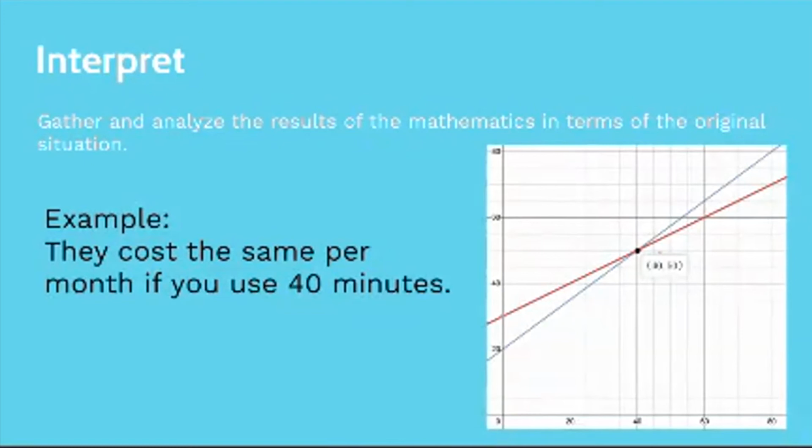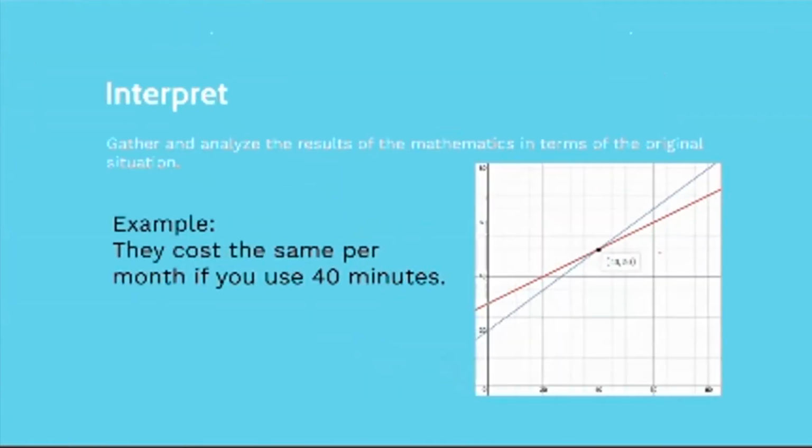Well, what does this mean, right? Because 40, 50, those are just numbers. That could mean anything, right? So interpreting is to gather and analyze the results of the mathematics in terms of the original situation.